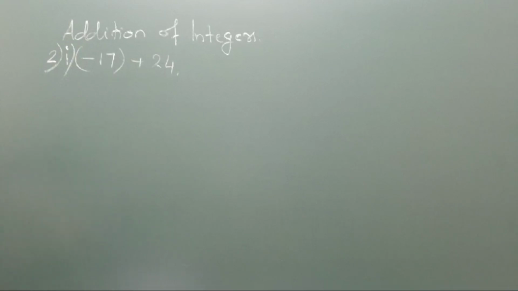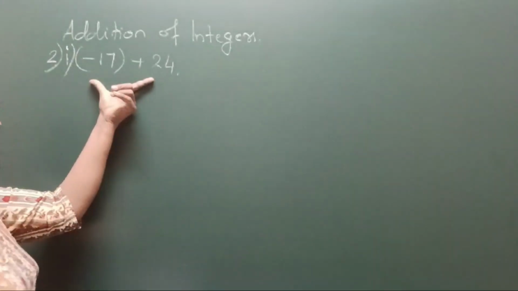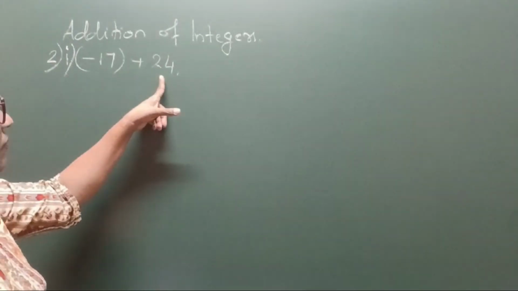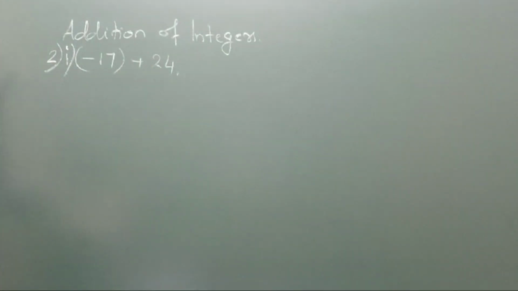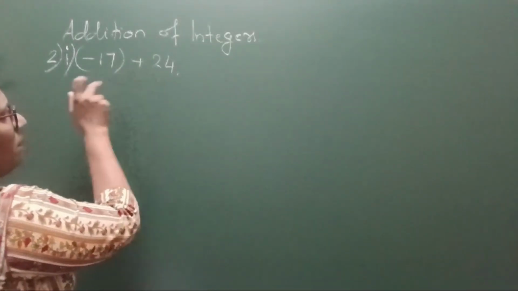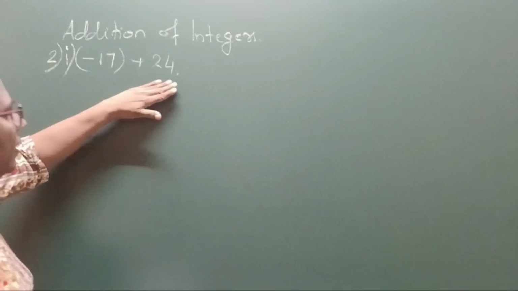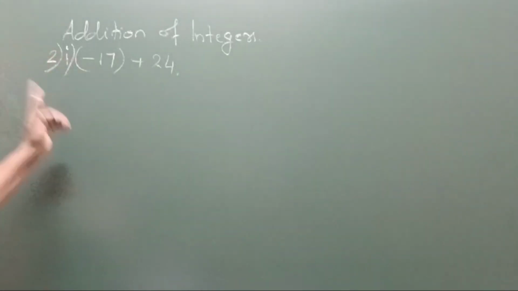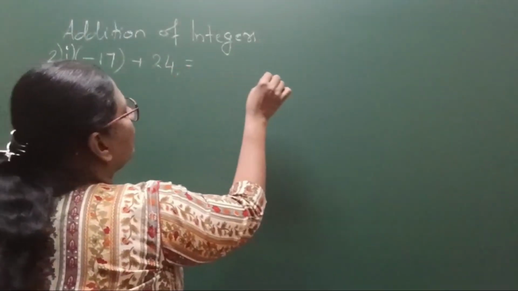Here both the integers are different, one is negative and one is positive. In this case, we have to find the difference of these two numbers. That means from the greater number, the smaller number we have to subtract and give the greater number sign. Let's do. It is so simple.